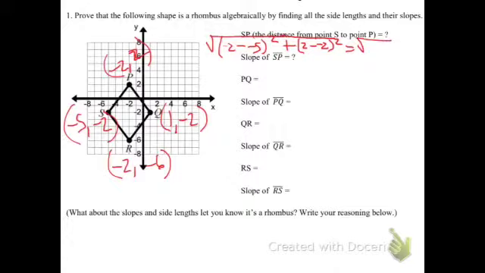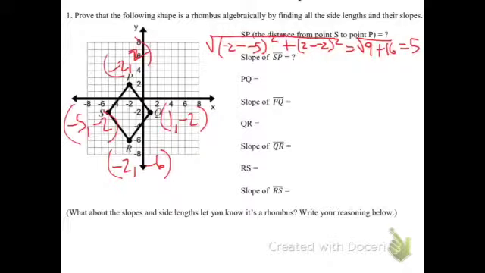Negative 2 minus negative 5 is 3. Square that, you'll get 9. And then 2 minus negative 2 is 4. Square that, you'll get 16. And 9 plus 16 is 25. Square root of 25 is 5. So I have my length there, it's 5.